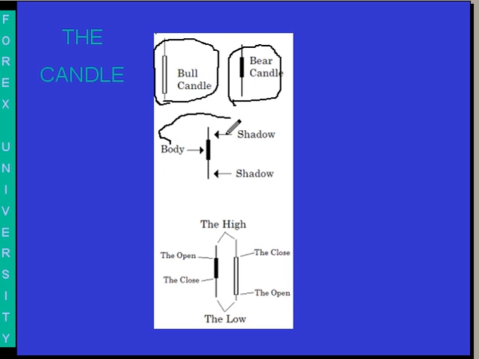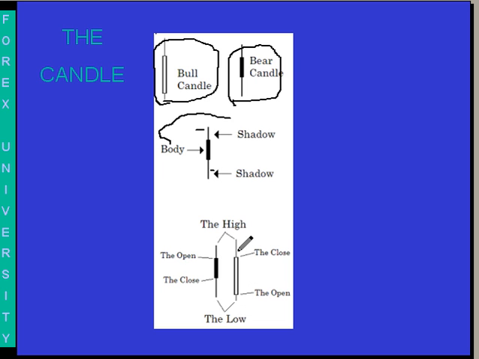This is the body, and these are the shadows. Within the body, you have to be very careful. Once you understand it, it's extremely simple. The opening price of a bearish candle would be at the top, and the closing price would be at the bottom, with the high and the lows on either end.